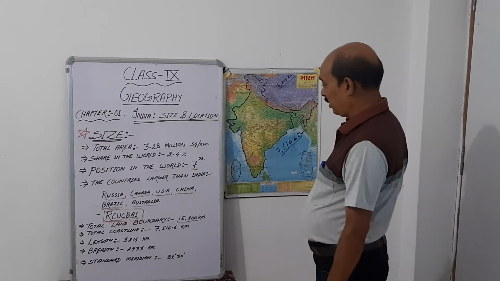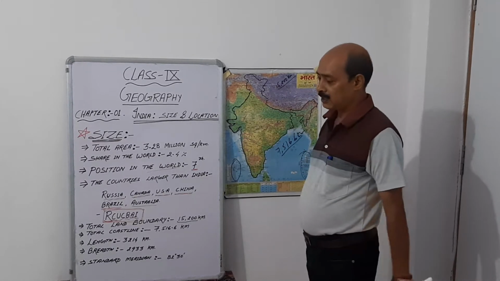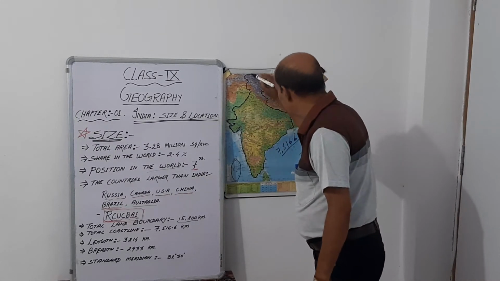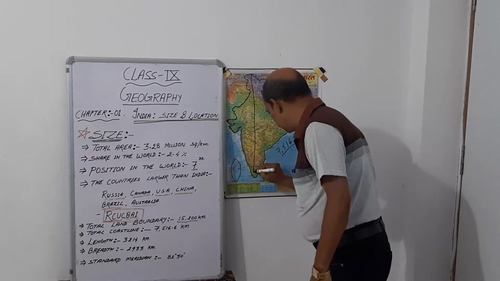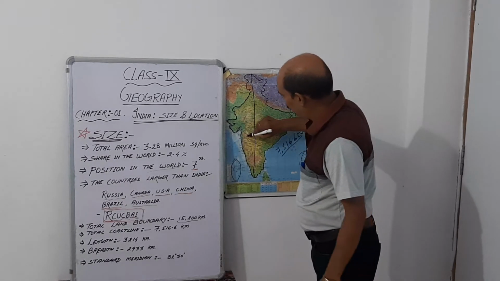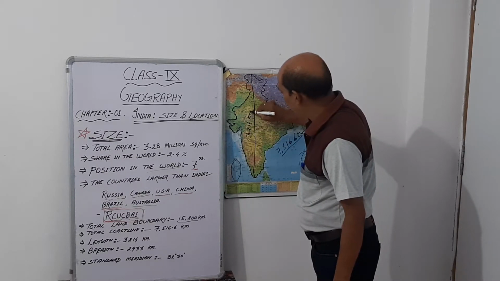Now, what is the length and what is the breadth of our country? The length, north to south, is 3,214 kilometers.